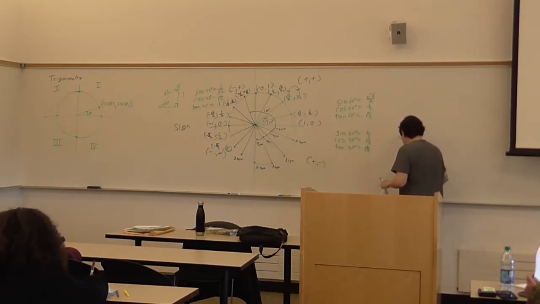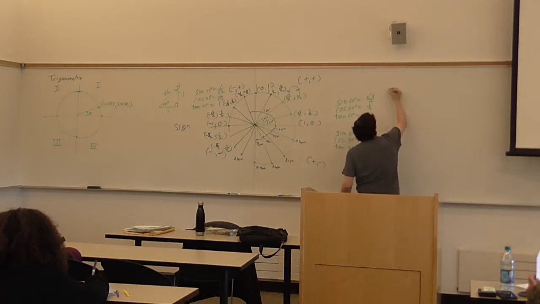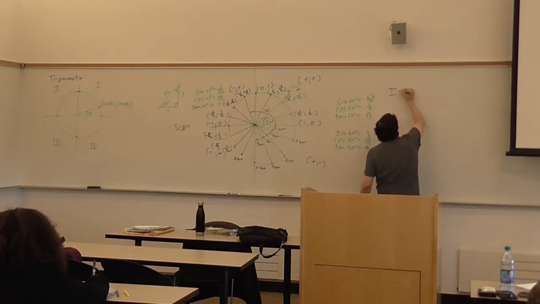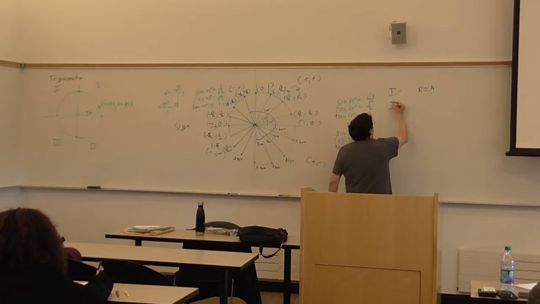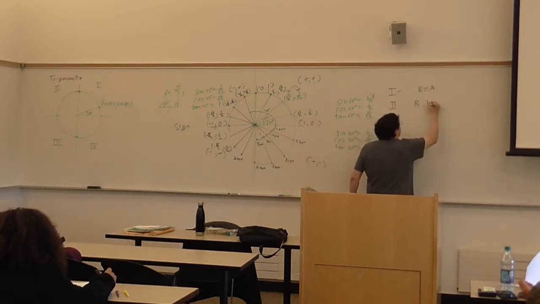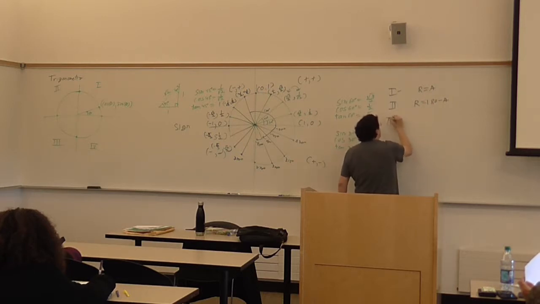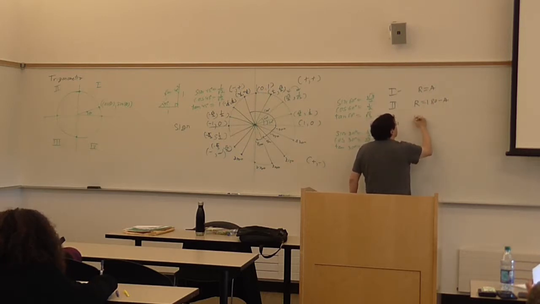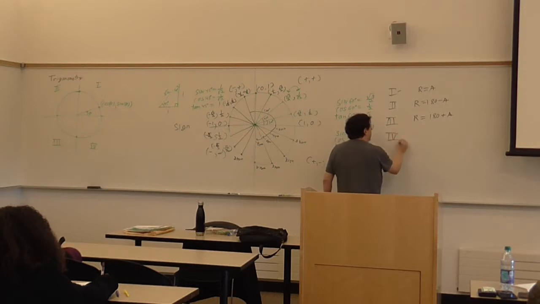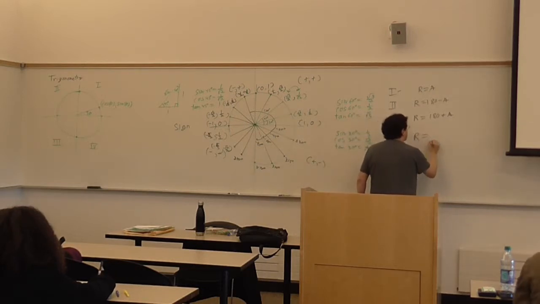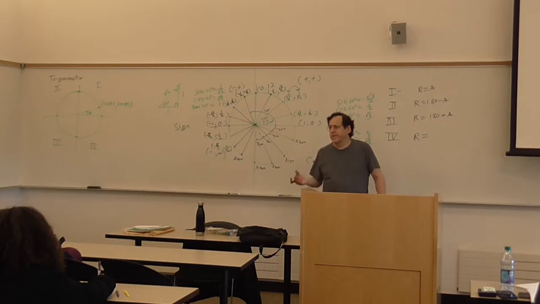Oh, something I mentioned that in the first quarter, the reference angle is just the angle, right? Second quarter, reference angle is 180 minus the angle. In third quarter, reference angle is 180 plus the angle. And then what's the reference angle in the fourth quarter?